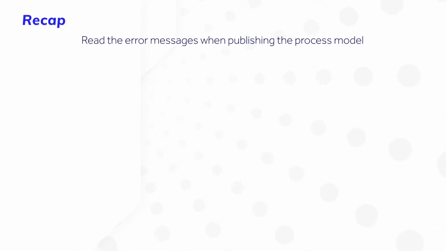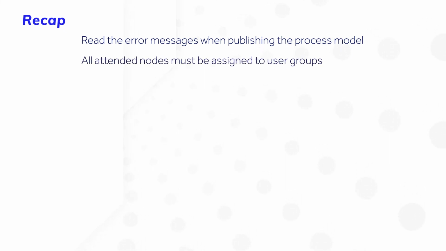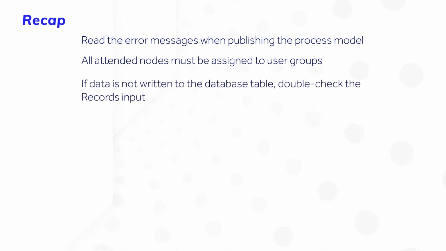Let's recap. Read the error messages that you receive when publishing the process model. These errors must be remedied before you can proceed to debugging. All attended nodes must be assigned to specific user groups. If data is not written to the database table, double-check the configuration of the record's input.